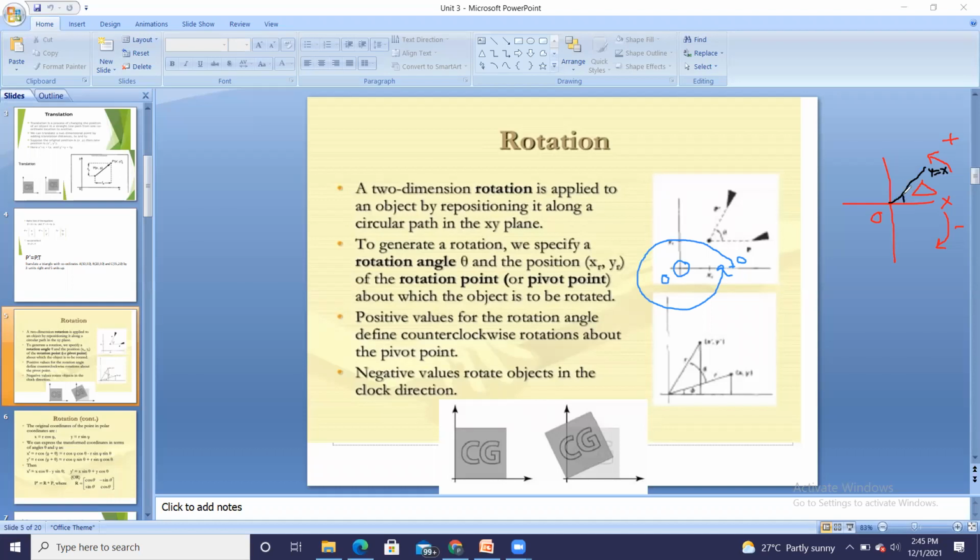Because this angle is 45 degree. Similarly, the object should also form 45 degree with respect to origin. So this side which is parallel to x-axis will also become parallel to y equal to x-axis.